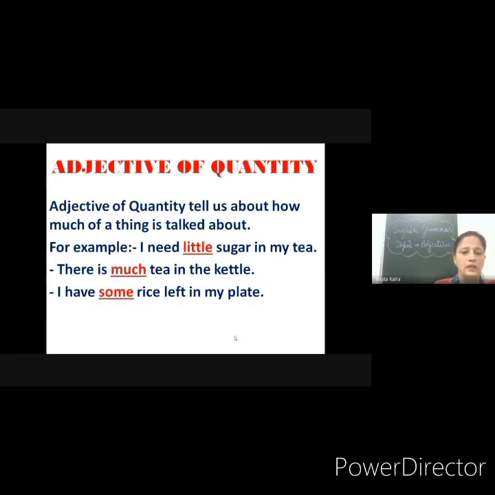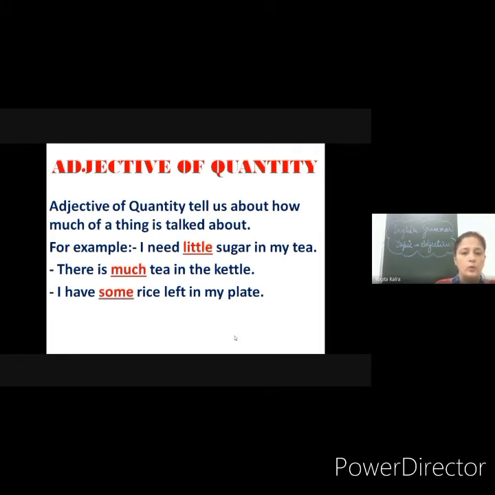There is much tea in the kettle. In the same way, the word much is used just before the noun tea and the noun tea is uncountable. So here the word much is termed an adjective of quantity. Next, I have some rice left in my plate. Likewise, rice is also an uncountable noun.